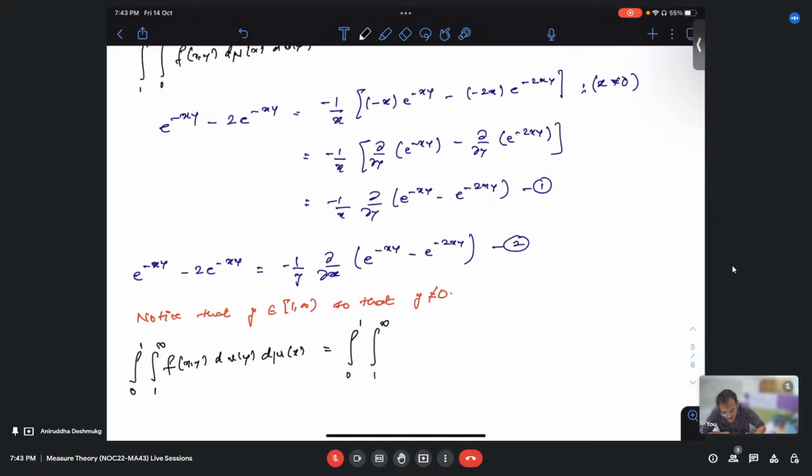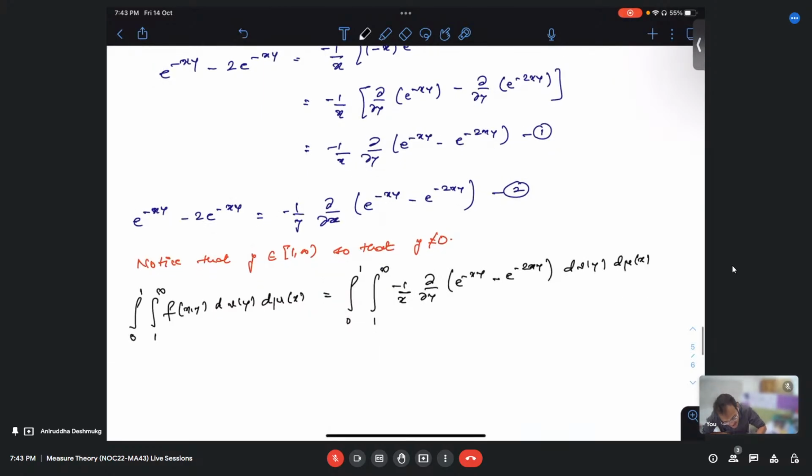So first I want to integrate with respect to y. So let me use equation 1 here. So it is minus 1 over x, del by del y of e to the power minus xy minus e to the power minus 2xy, d nu y d mu x. But for the inner integral, x is constant, so that can come outside. So it is 0 to 1 minus 1 over x, and by the fundamental theorem of calculus, this is e to the power minus xy minus e to the power minus 2xy from 1 to infinity.